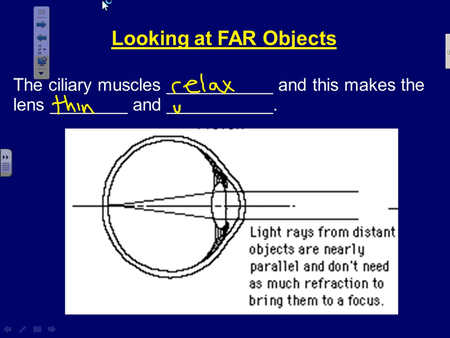Light that comes from afar is already parallel because it's so far away, which means we don't have to make it bend as much. A thinner, weaker lens will be enough to get that light to land on the retina. How are we keeping up with filling in the blanks?